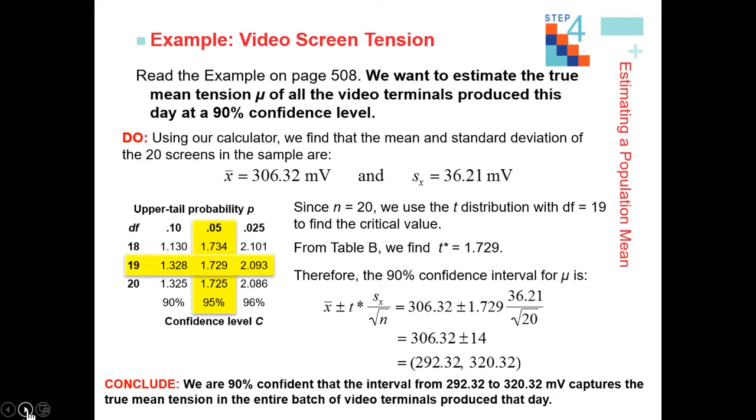That's our outline for the interpretation. Or that these values capture the actual population parameter. So we're 90% confident that this interval captures the parameter. This is just the mean that we're trying to estimate.